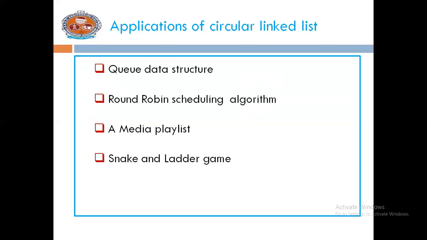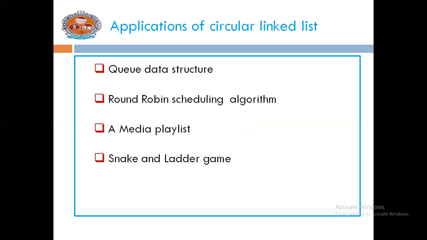While we are listening to music, after the completion of the last song, immediately we go back to the first song. So that is one application of circular linked list. Another application is the snake and ladder game. It is one of the best applications of circular linked list.